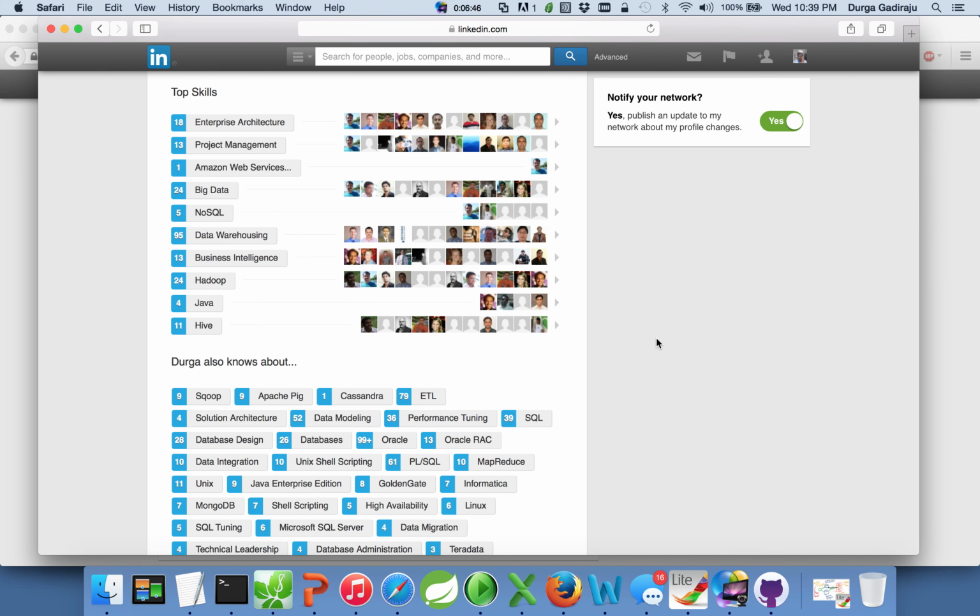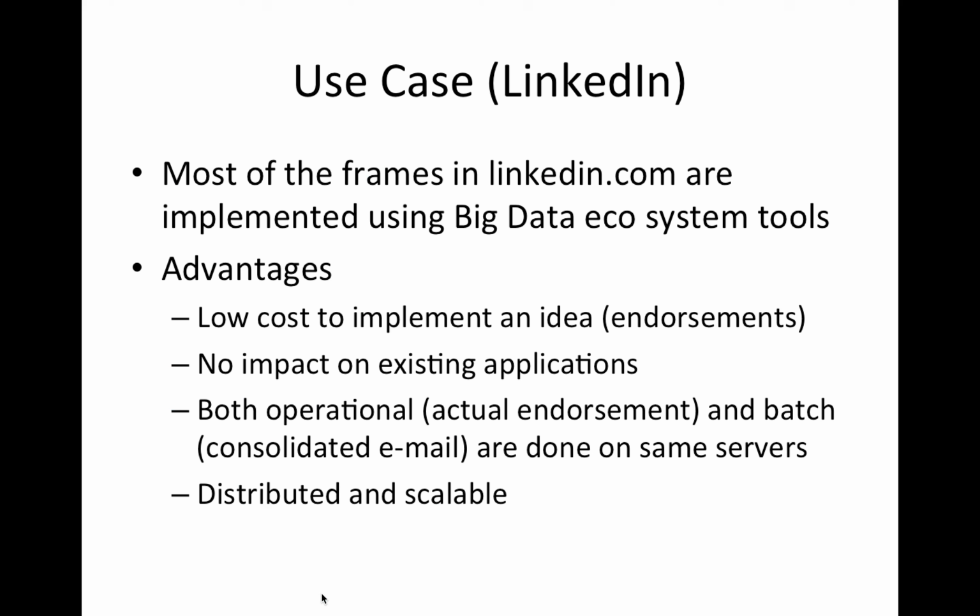So once again, to consolidate, you can implement the endorsement engine using a NoSQL database, and if it supports MapReduce, you can write MapReduce algorithms to send you the consolidated emails every 24 hours or 48 hours.